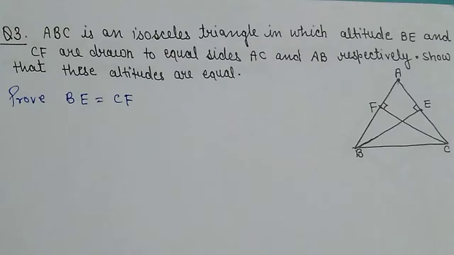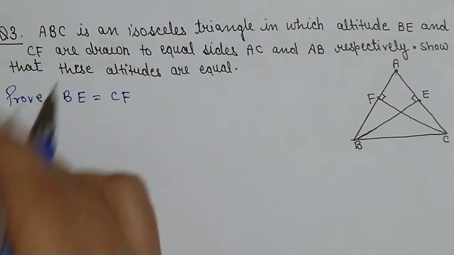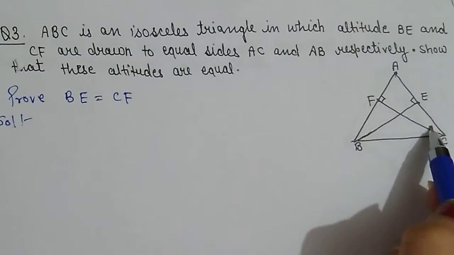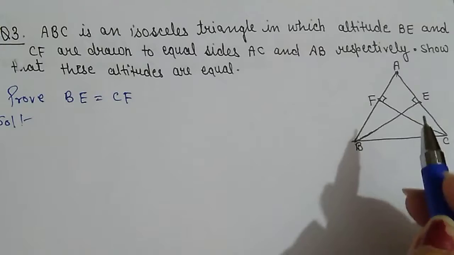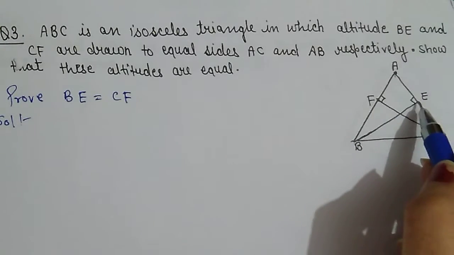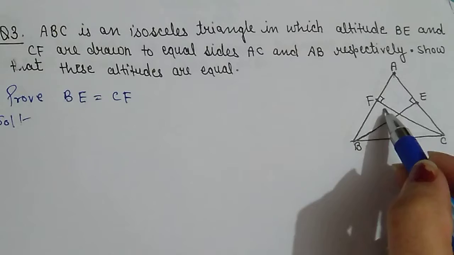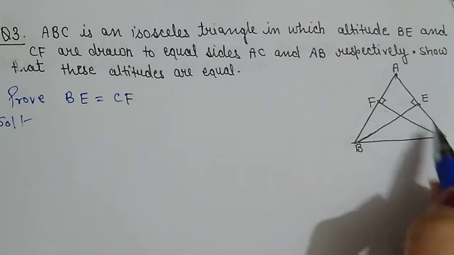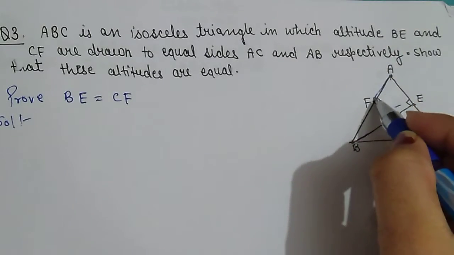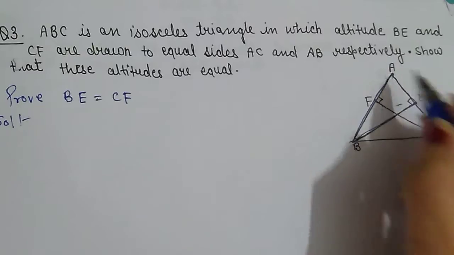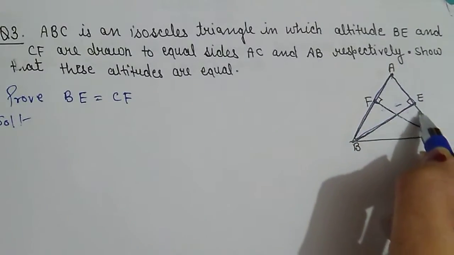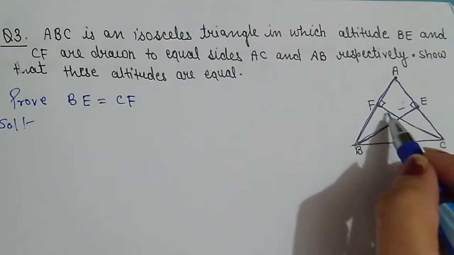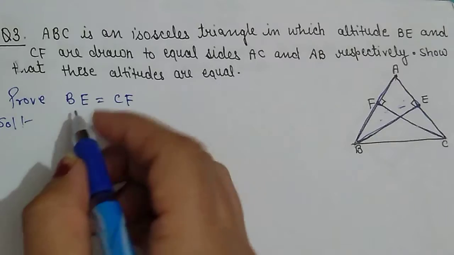Now let's start with the solution. We have to prove these two altitudes are equal. So we take triangle AEB and triangle AFC. If we prove these two triangles congruent, then these two altitudes become equal.